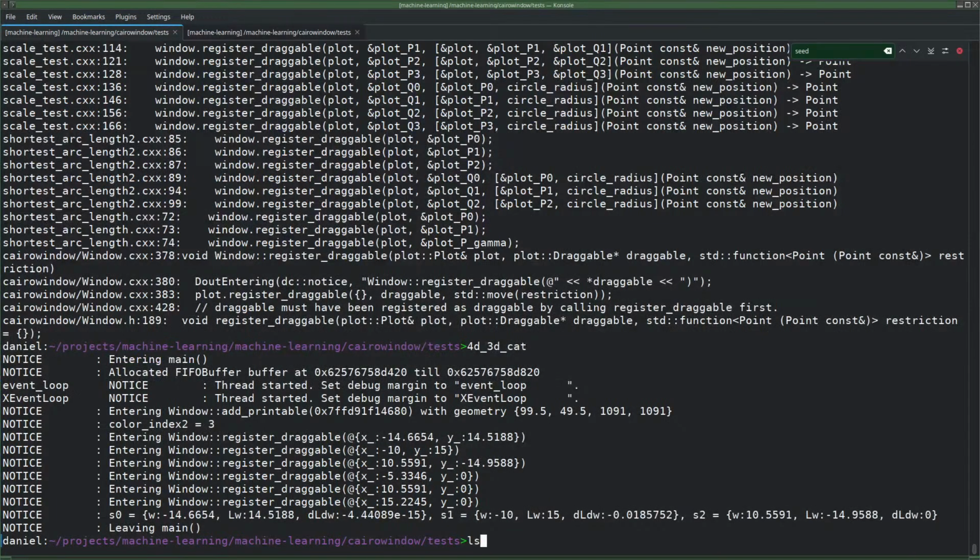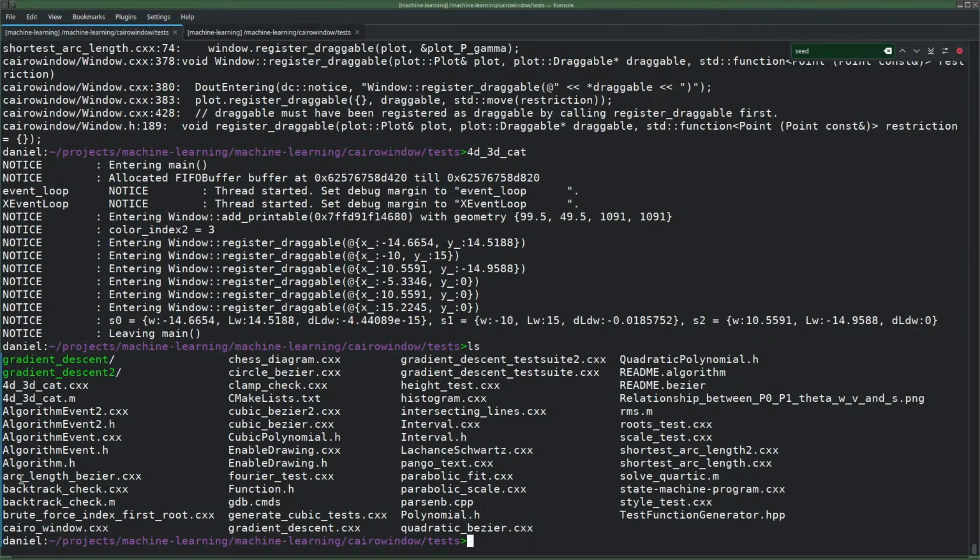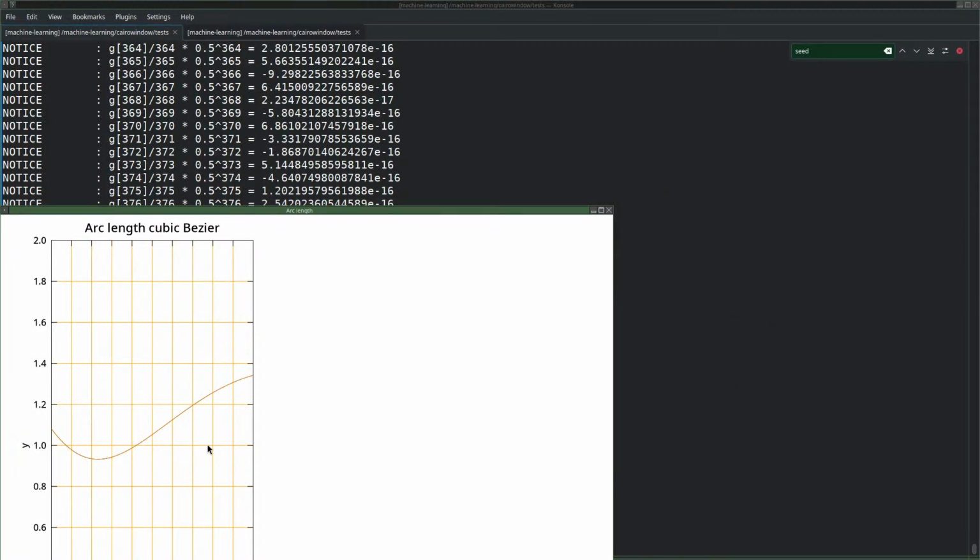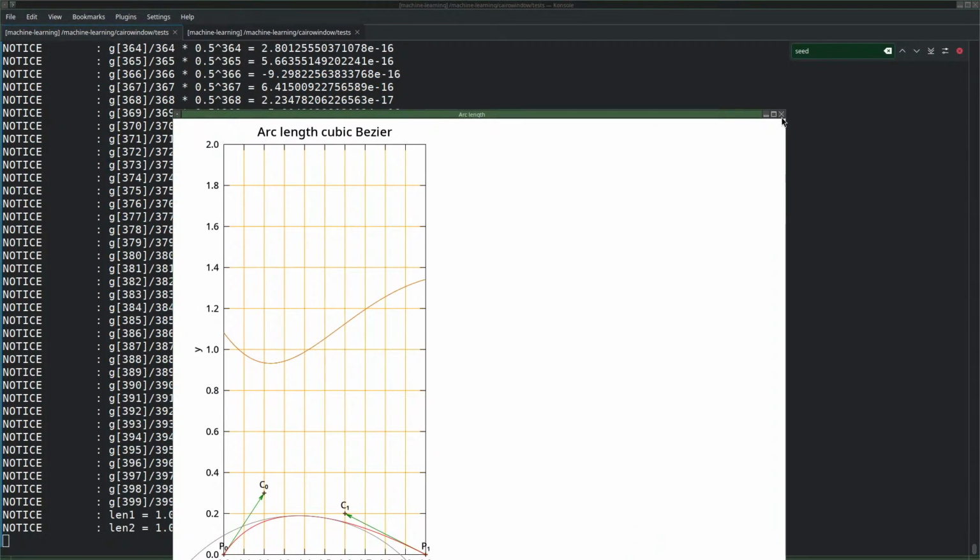Not this one apparently. Just try them out. So not this one.